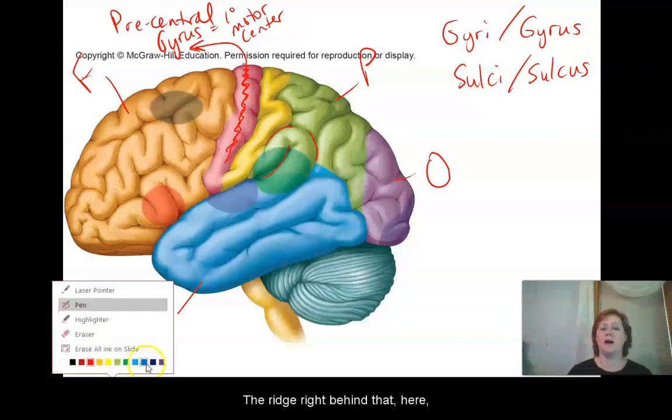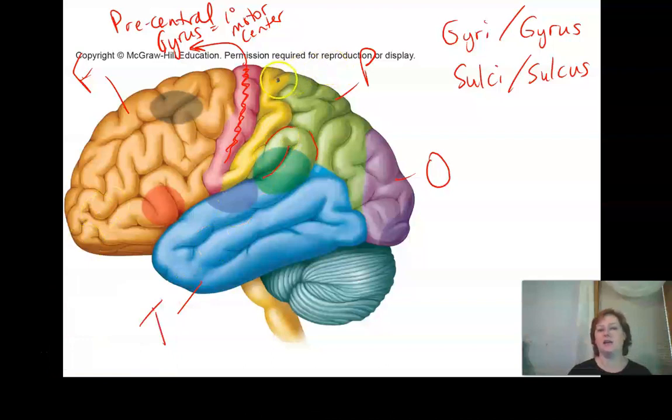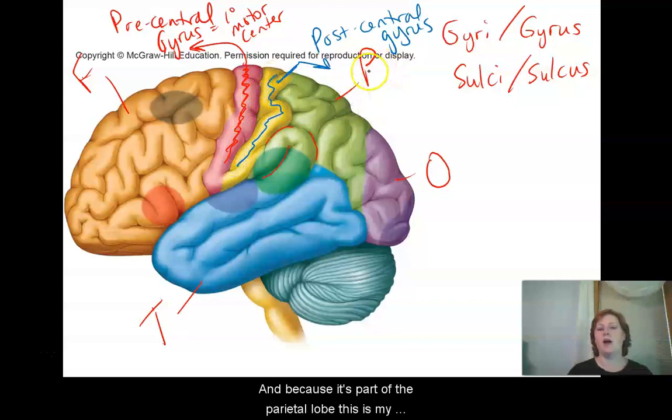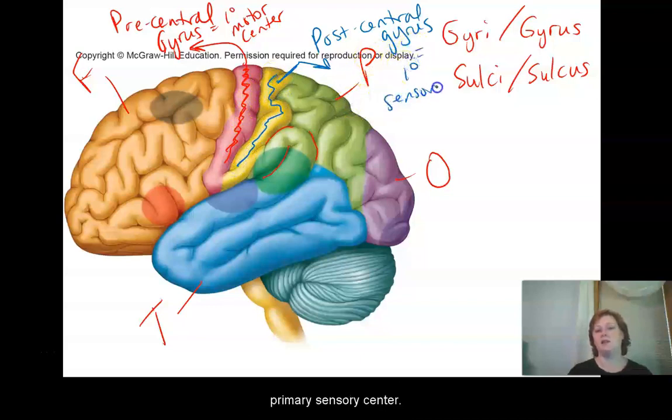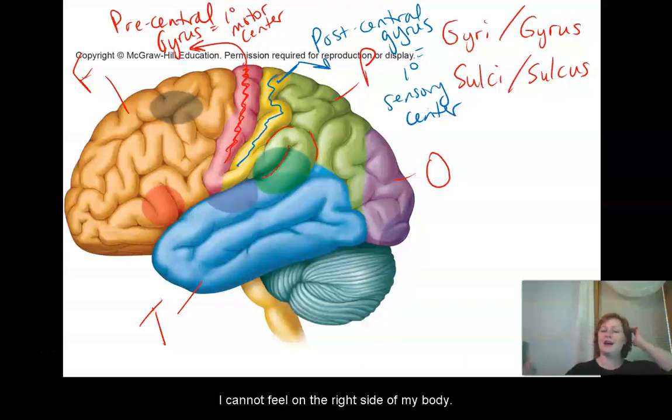The ridge right behind that, here, is part of my parietal lobe, and this would be my post-central gyrus, here. And because it's part of the parietal lobe, this is my primary sensory center. If I damage my left post-central gyrus, I cannot feel on the right side of my body.